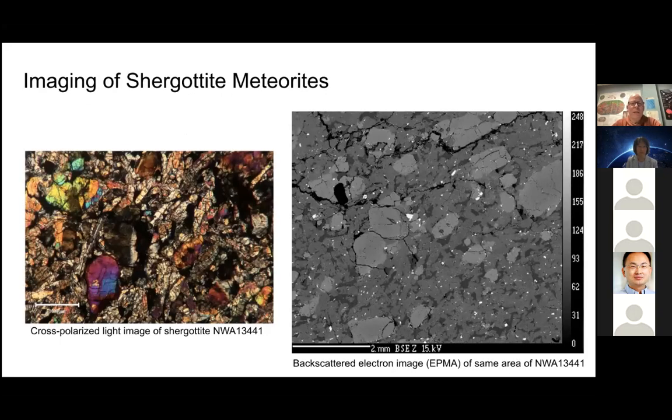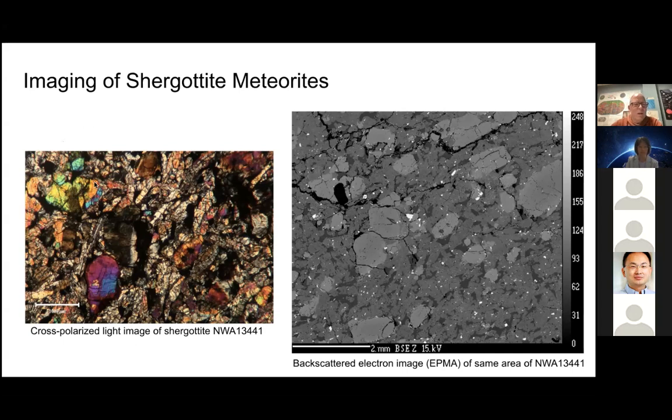Now, typically when we analyze these samples, we can use a variety of different types of microscopes. The image on the left shows an image from a cross-polarized light microscope. That is a type of microscope that's used to observe how light is refracted off minerals.